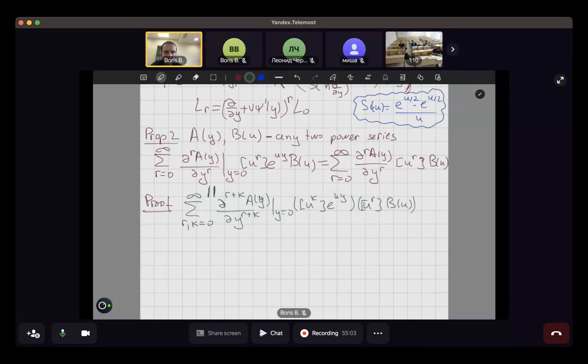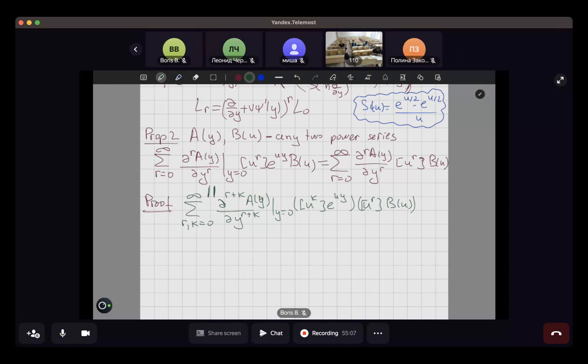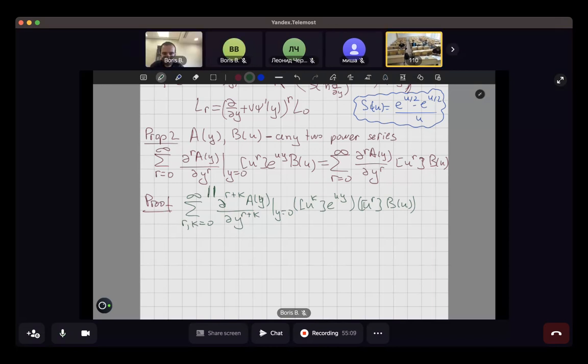Или все уже погрязли в определениях? Не, ну это понятно. Хорошо. А дальше давайте раскроем экспоненту. Что такое коэффициент при y в степени k у этой экспоненты? Останется что-то вроде y в степени k делить на k факториал.